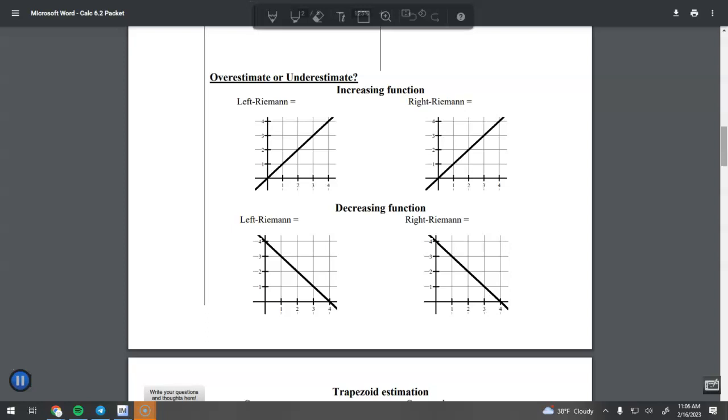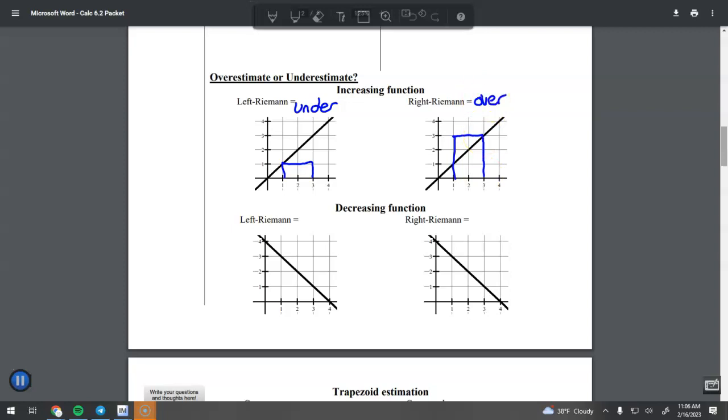So should I just go through them? Okay. So the left-hand side, if I just look at any interval, 0 to 4, 0 to 1, 1 to 3, whatever, if I go to the left-hand side, is the y value smaller or bigger than the right-hand side? Smaller, because the graph's increasing. So this is under. But the right, if it's increasing and I go to the right-hand side, that's going to be bigger than the left-hand side.